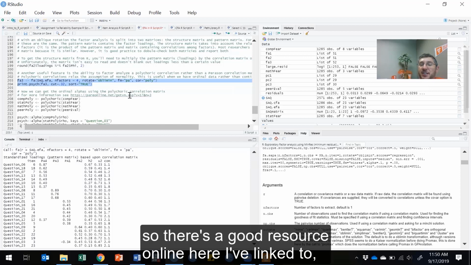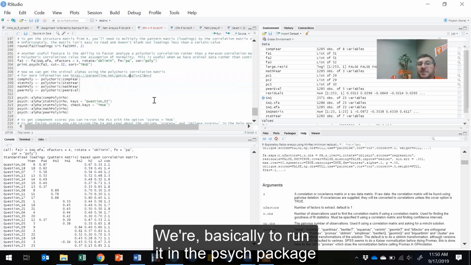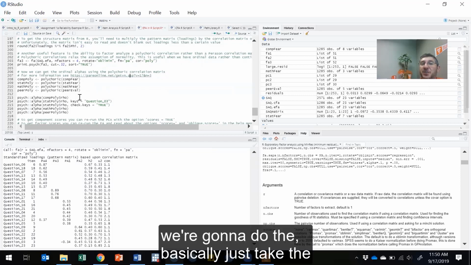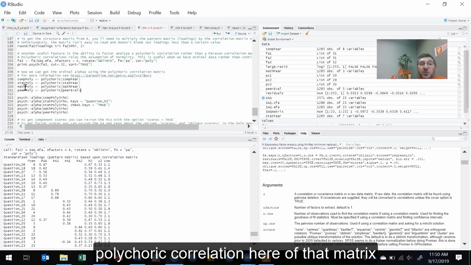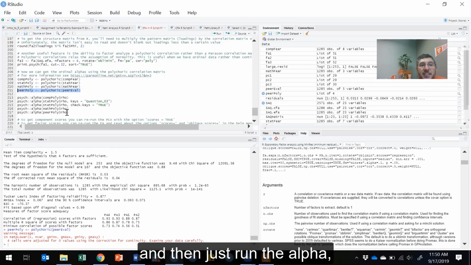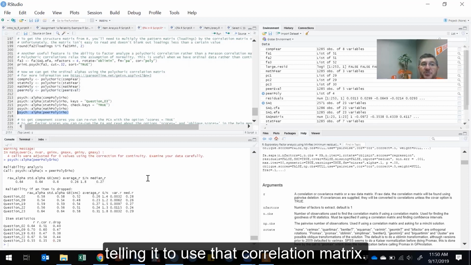That's a good resource online here I've linked to. You can do that, where basically to run it in the psych package, we just take the polychoric correlation of that matrix, and then just run the alpha, telling it to use that correlation matrix.